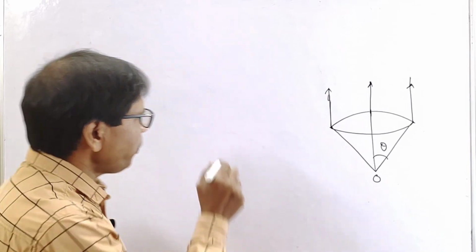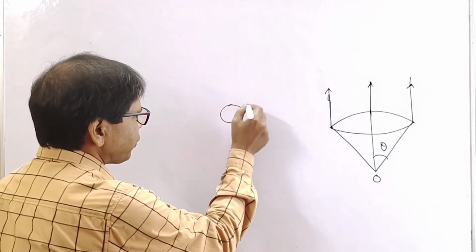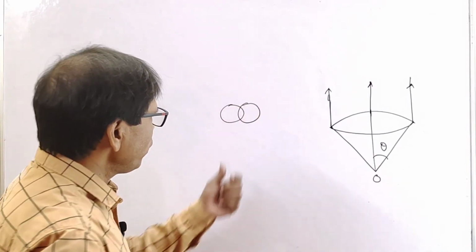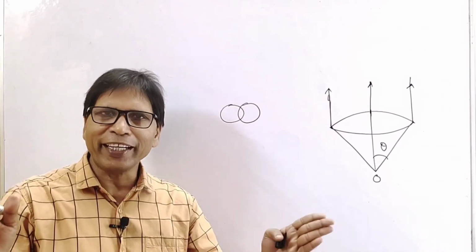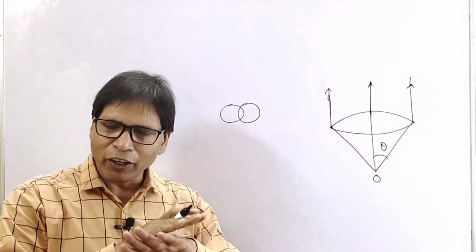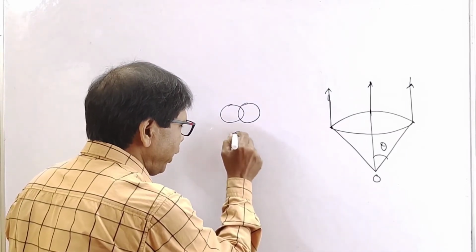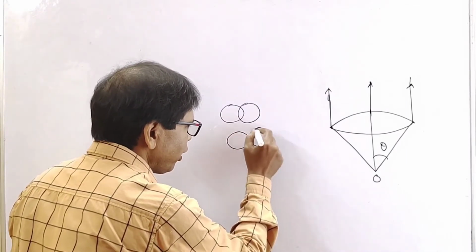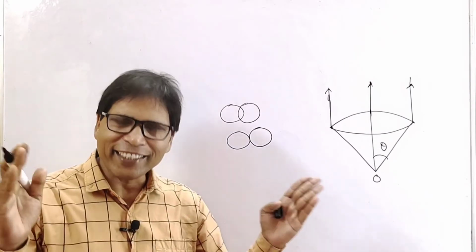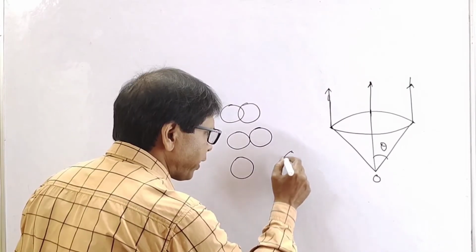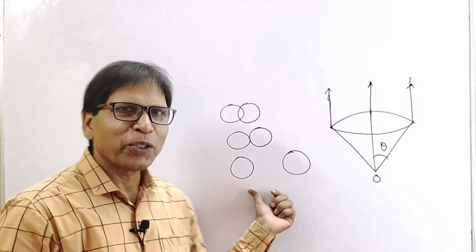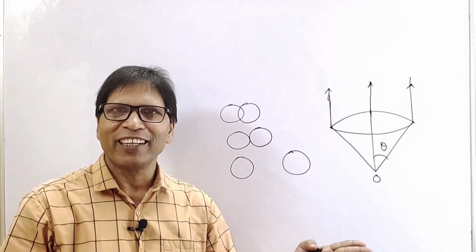Look at this. If two objects are like this, they are not separated from each other, so they are not resolved. Now look at this. If these two objects appear like this, they are just resolved. Now if two objects appear like this, they are well resolved.